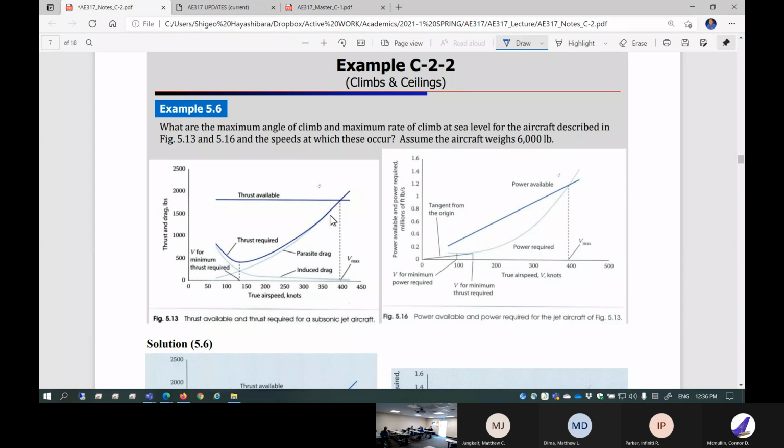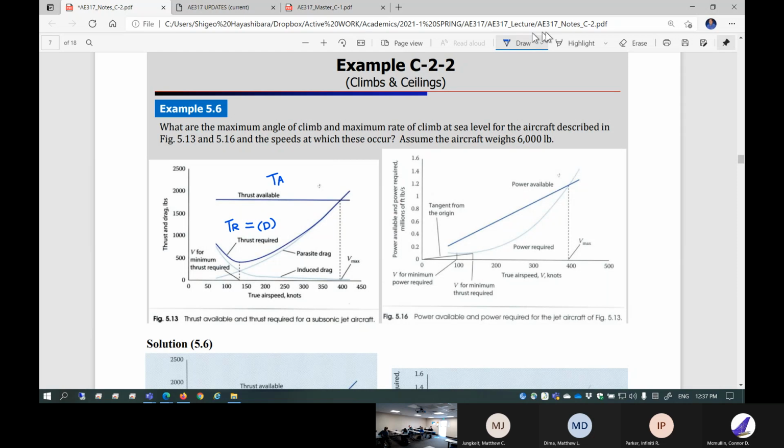Suppose the airplane is flying in straight level unaccelerated flight. This is the data set. So you can plot thrust required, which is essentially drag. This is the thrust available, TA. This is the thrust required, or drag. So this is the level flight information. We are going to pick up the information from level flight, then estimate the climb condition.